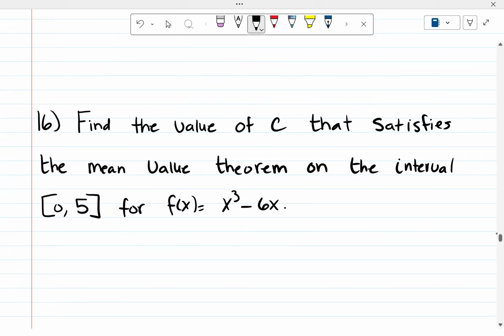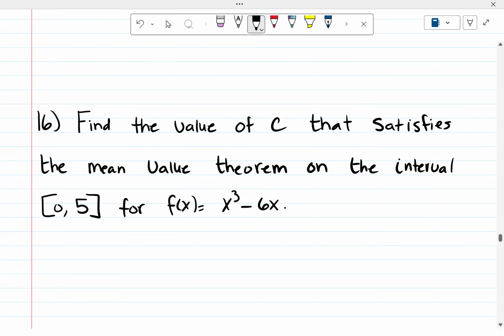Okay, so this is the mean value theorem. So find the value of c that satisfies the mean value theorem on the interval 0 to 5, where f of x equals x cubed minus 6x.